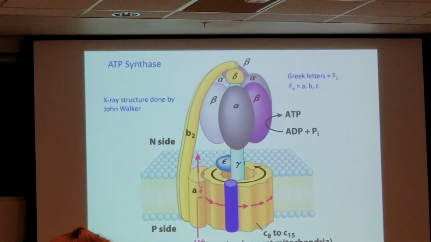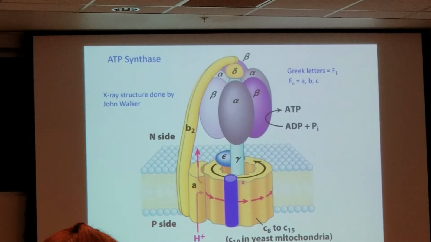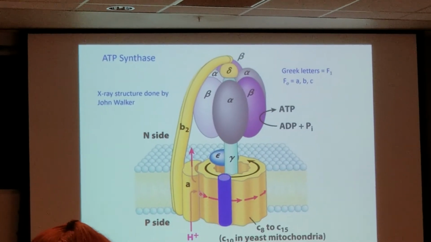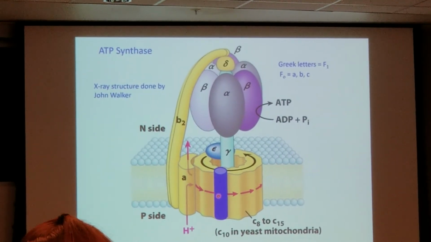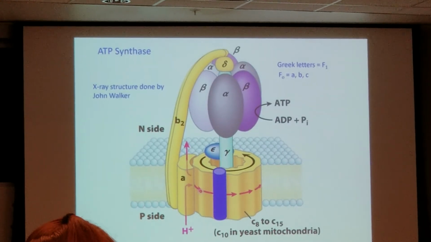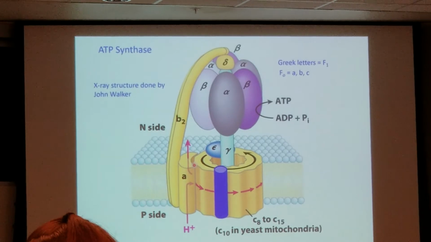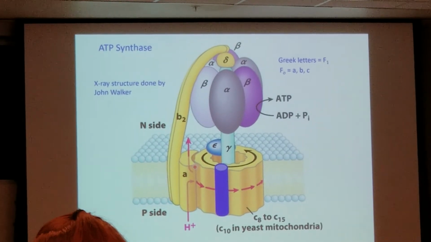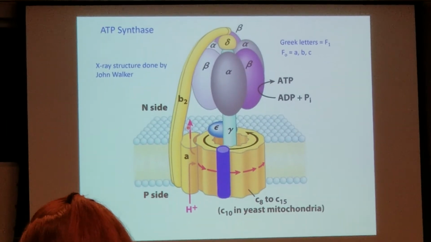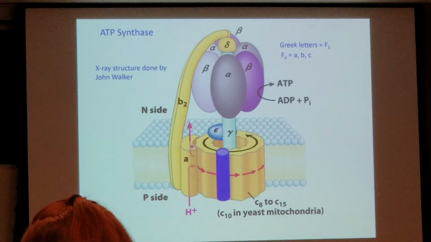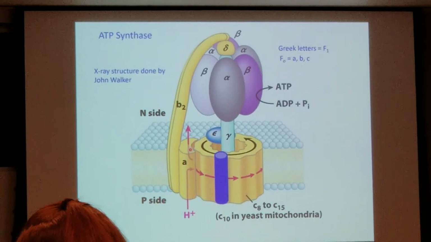Well, this rotor's moving, so he continues to hold on to that proton all the way, and its next guy grabs a proton. So in other words, protons are hopping on. So this proton hops on here. It's got to go all the way around, and then when it comes to the back side here in this diagram, it's going to hop out the other half channel. The half channel, again, is made by the A subunit coming up next to the C subunit. So they're making the channel together.